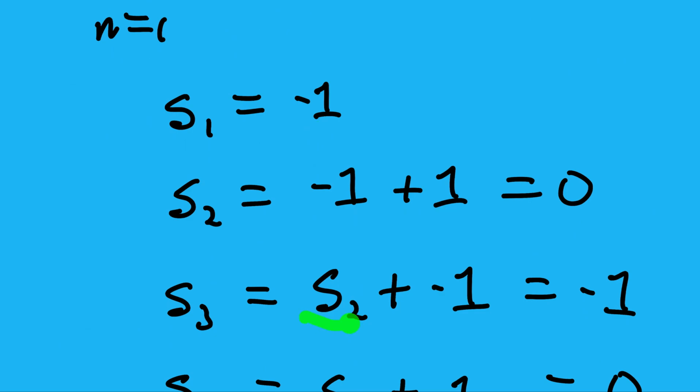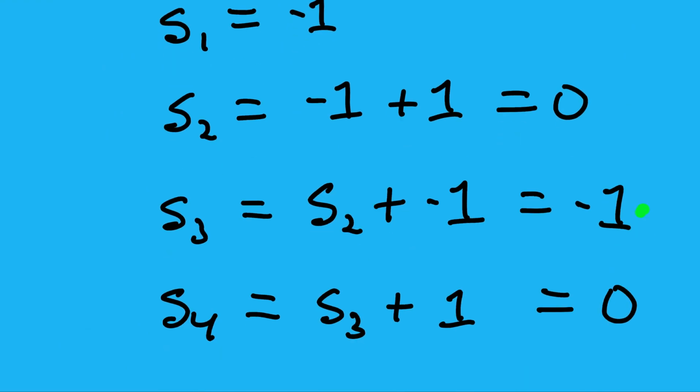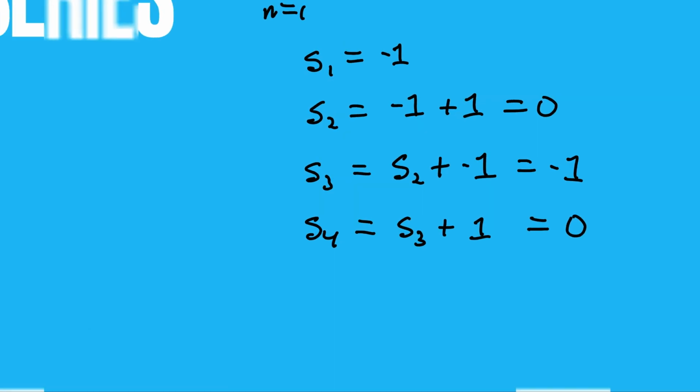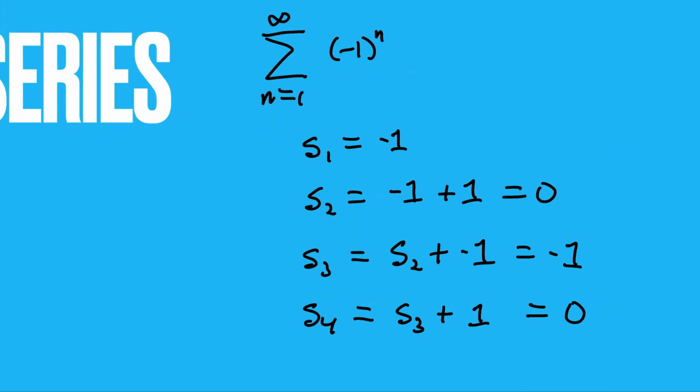S3, we take S2, which is 0, and add in the next term, -1. So we're going from -1 to 0 to -1, back to 0. That's going to be the pattern. Therefore, this series also diverges.